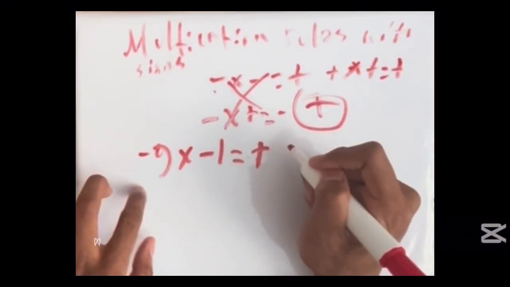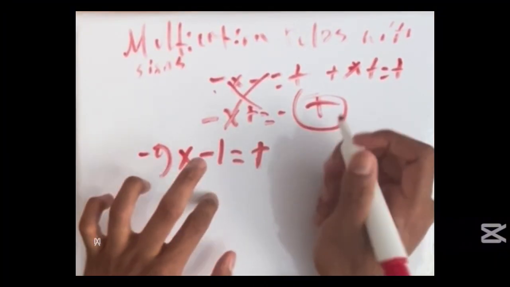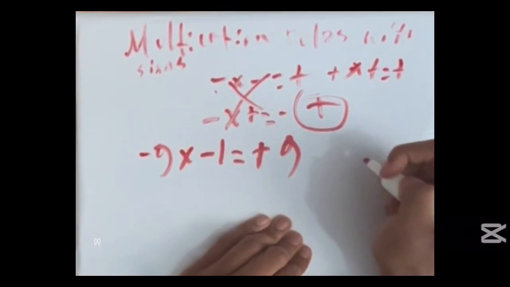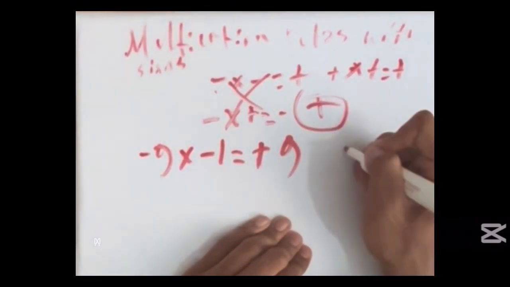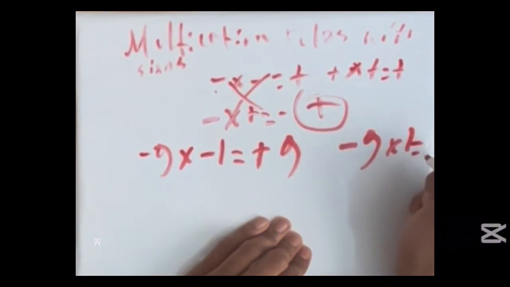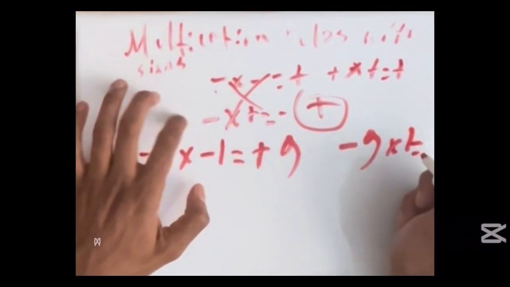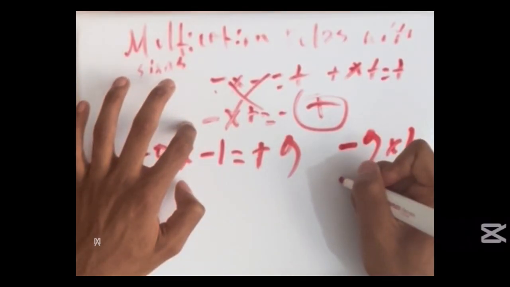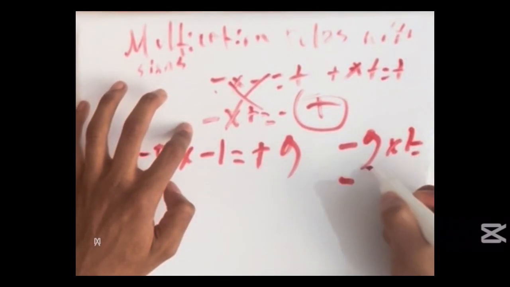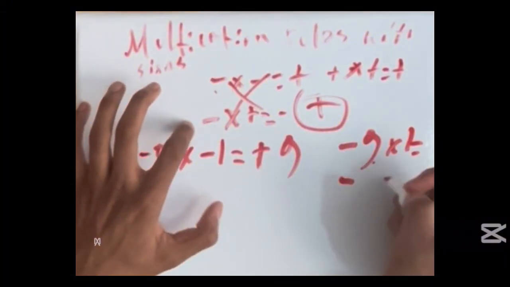So this is a positive, and you multiply the two numbers, which is gonna be 9. And if it was something different, such as -9 times 1, as we said, when you multiply two different signs, it's always gonna be negative. So it's gonna be negative, and you just do 9 times 1, which is gonna be 9.